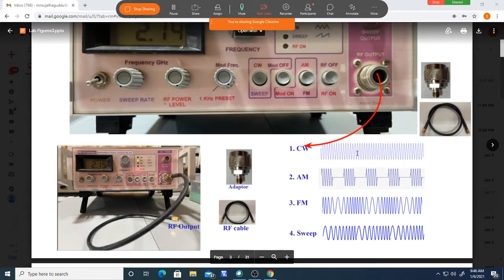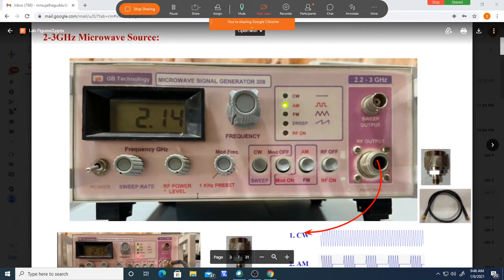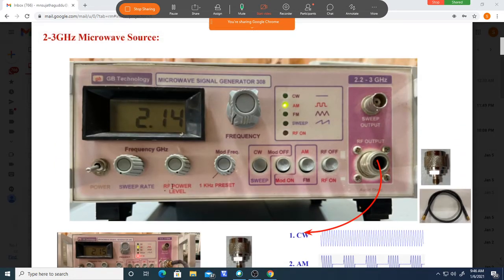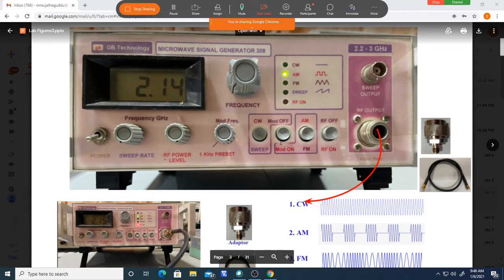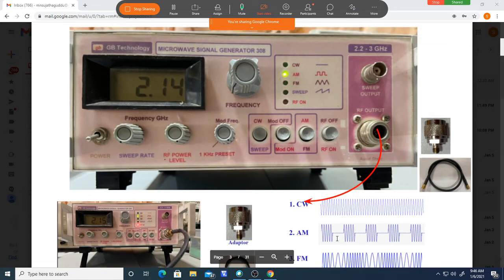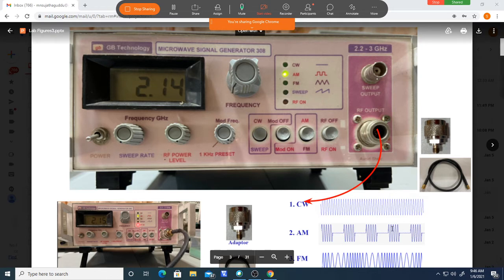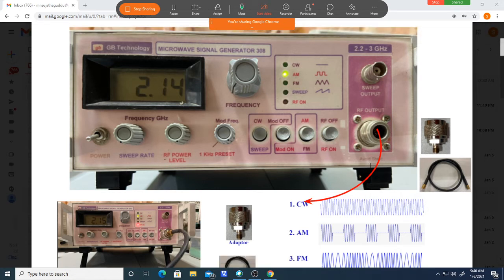How to vary the power? See, this is the knob, the RF power level knob. Using this knob, you can vary the power of this signal, whatever signal you have chosen, either continuous or AM. How much power is coming out of this port?